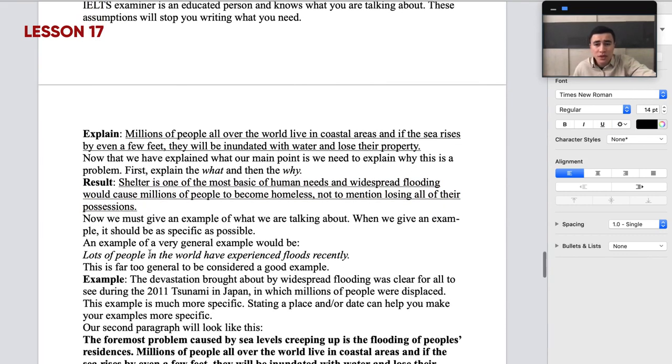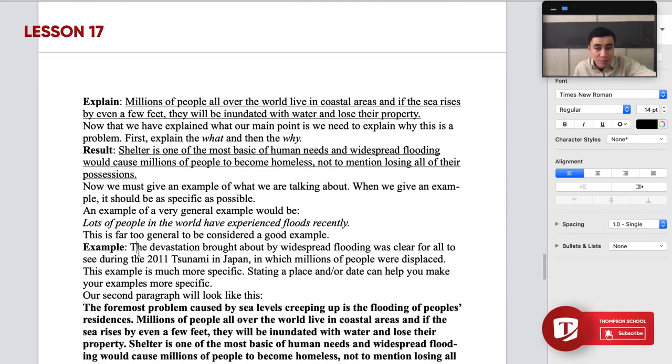Okay? Now, lots of people in the world have experienced floods recently. Okay, this is far too general to be considered a good example. So let's consider this example.